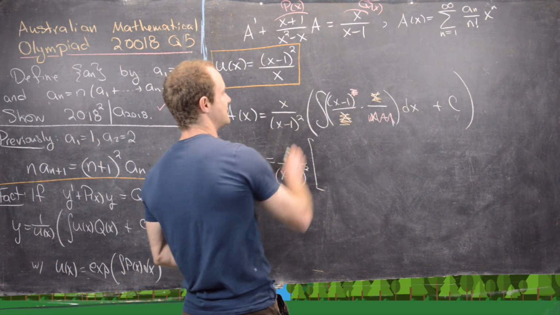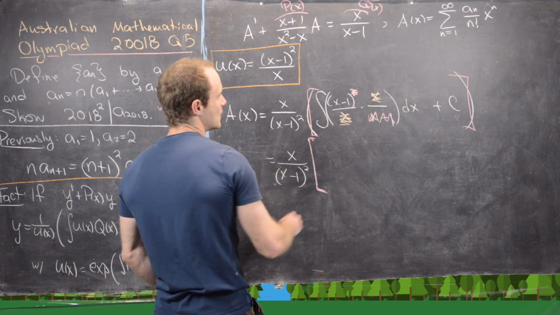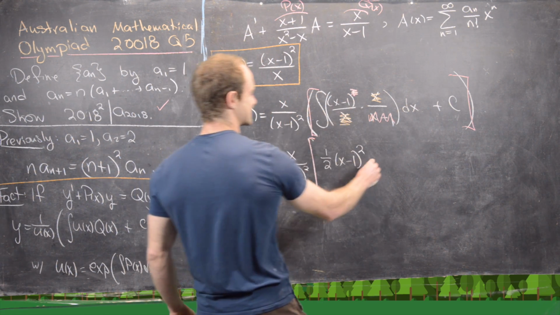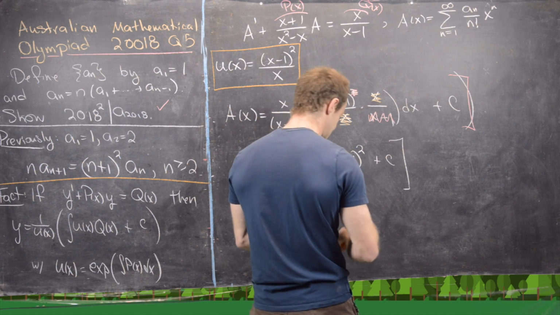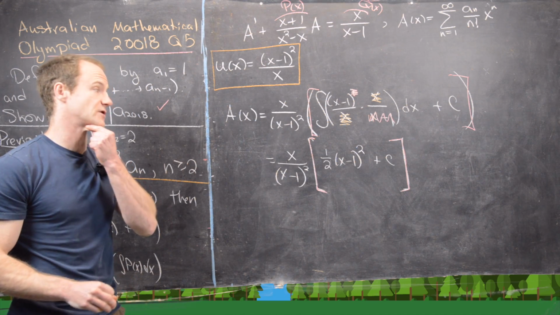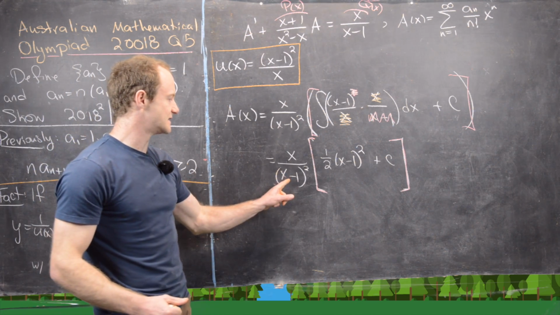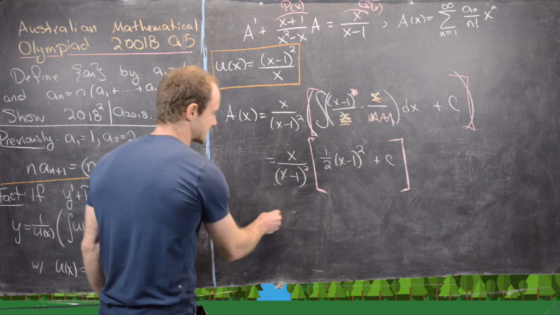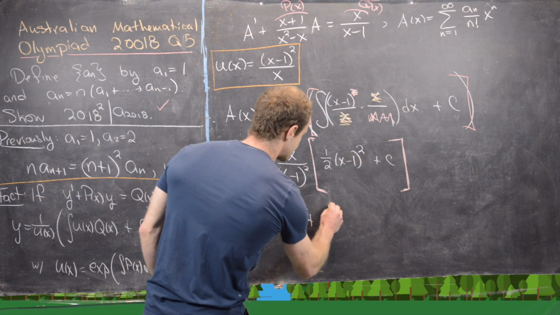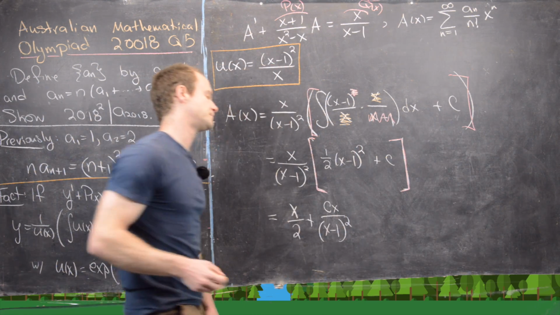And then inside of these big brackets, we'll have 1/2 x minus 1 squared, that antiderivative, plus this constant of integration, which is really built in the derivation of the solution for a first-order linear differential equation. Okay, fantastic. So if we multiply this through, the x minus 1 squareds are going to cancel. That's going to leave us with x over 2 plus some constant times x over x minus 1 squared.